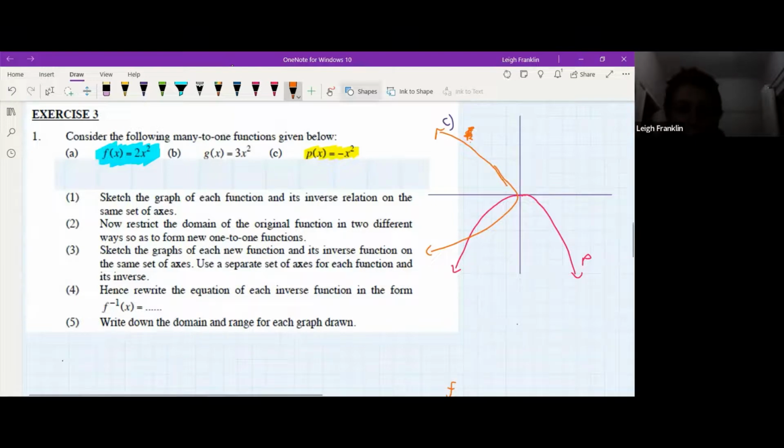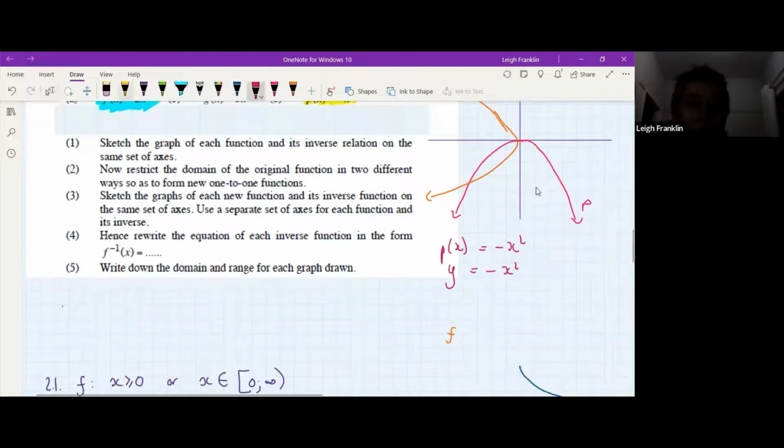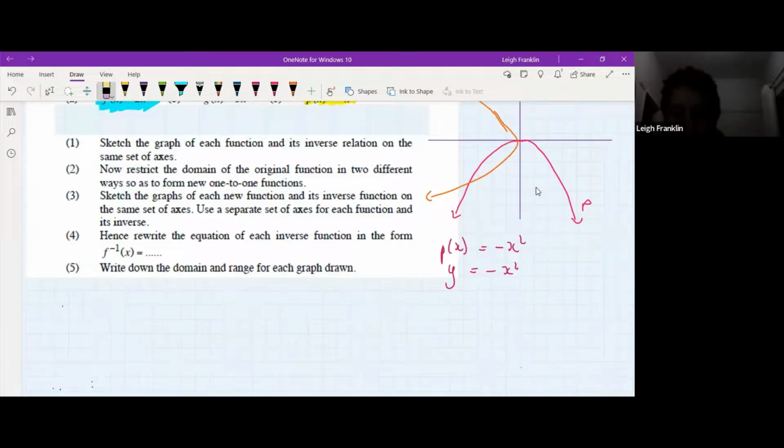So what's happened here is that if we have said that p of x is equal to minus x squared, that means that y equals minus x squared. Thus, if we do the inverse of this, we would have to swap x and y around.